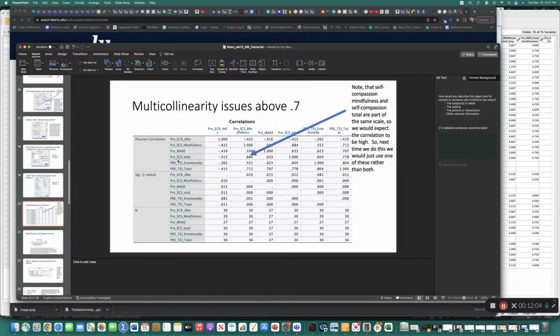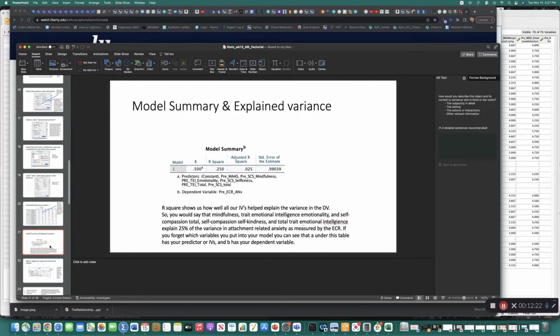For example, self-compassion scale total was linked with self-compassion scale mindfulness. Well, the mindfulness scale is part of the total self-compassion scale, so we would expect these to be correlated. So we may decide, okay, in our next analysis, we're just going to look at one of these because of the concerns with multicollinearity.